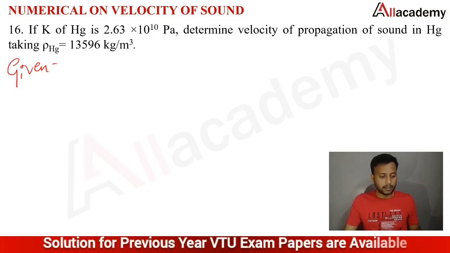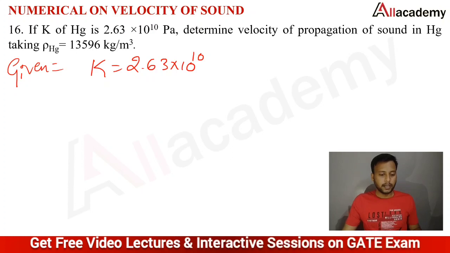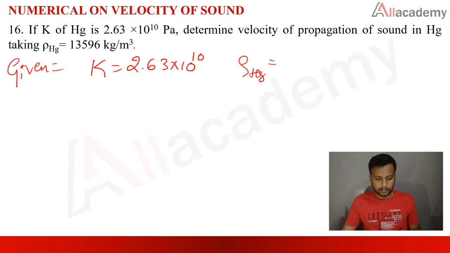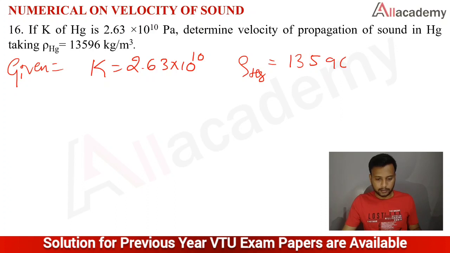For that, the given data: the K value is given, that is 2.63 into 10 raised to 10 Pascal. Then the density of Hg, because it is traveling in mercury, is also given, that is 13.596 kg per meter cube.